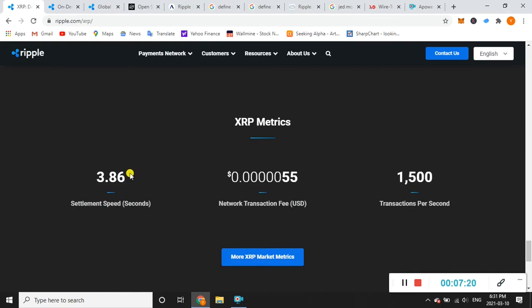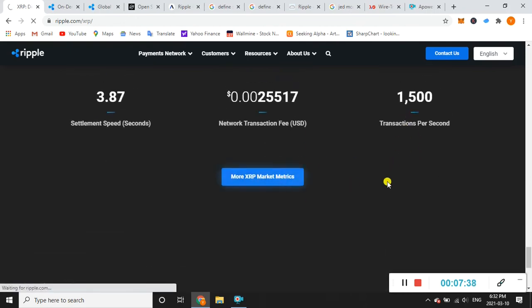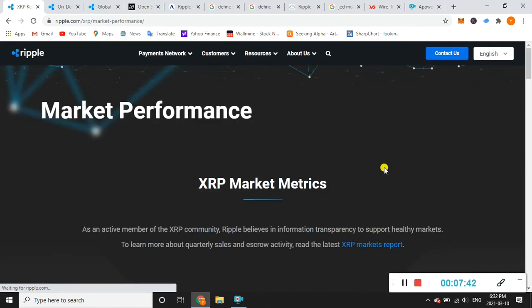And this is just a final summary. 3.86 seconds is the per transaction time, and this is the cost. Oh, it just went down. That's cool. And then this is the cost for the institution to make the transaction occur, and this is just saying how many transactions per second. If this doesn't get into the video, it's because I didn't find anything in here that was useful.